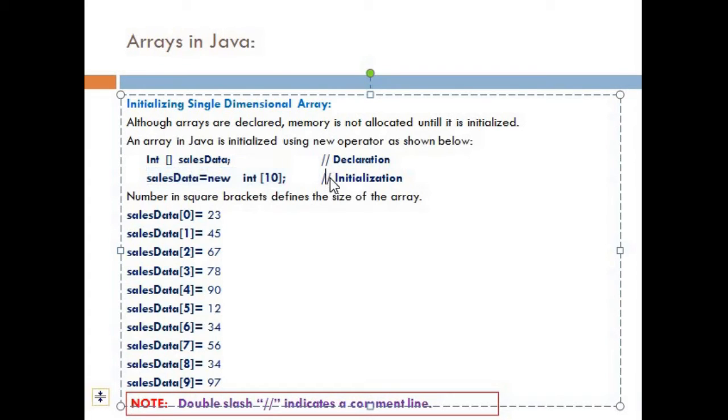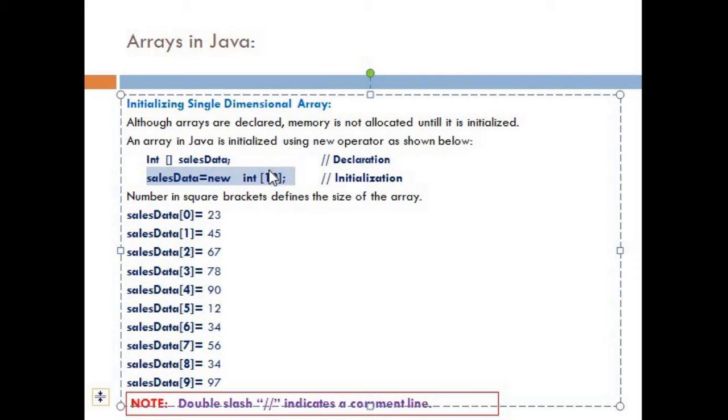So double slash indicates a comment, so initialization here denotes that it is a comment. Now keep in mind one thing, that the number in square brackets defines the size of the array. So in this case when you initialize the array, the 10 here denotes the size of the array called sales data, so that it can hold 10 elements.